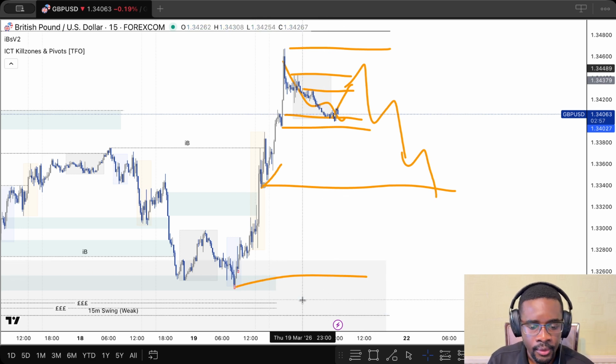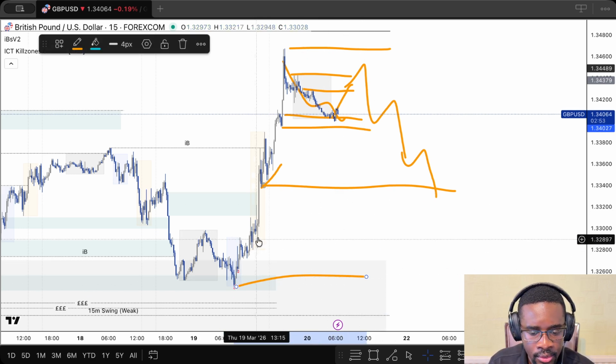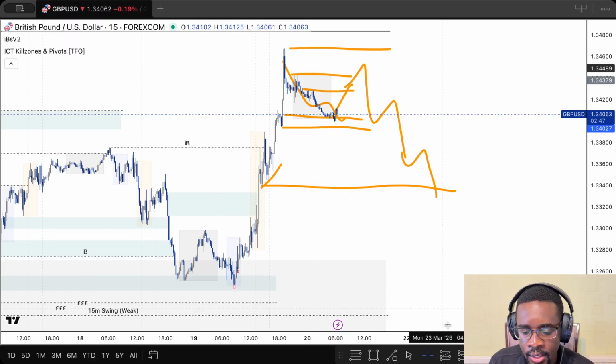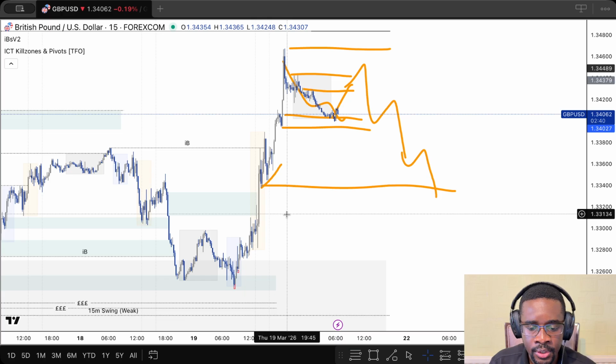And then maybe we could see price react somewhere down there. We don't have any very clean areas at the bottom. There is a bit of trend line liquidity that we can see.